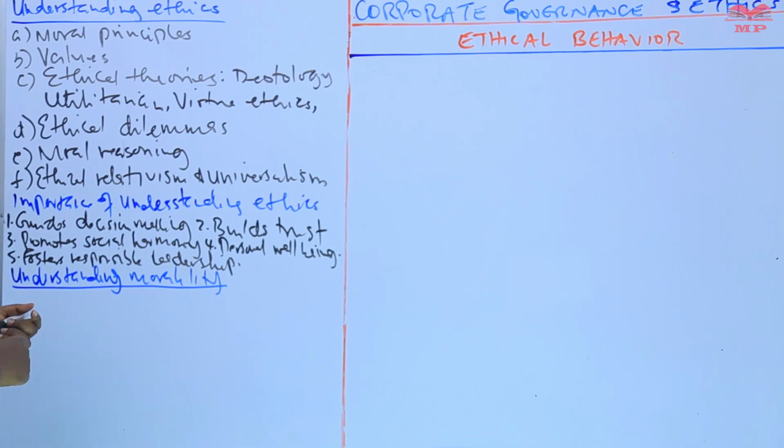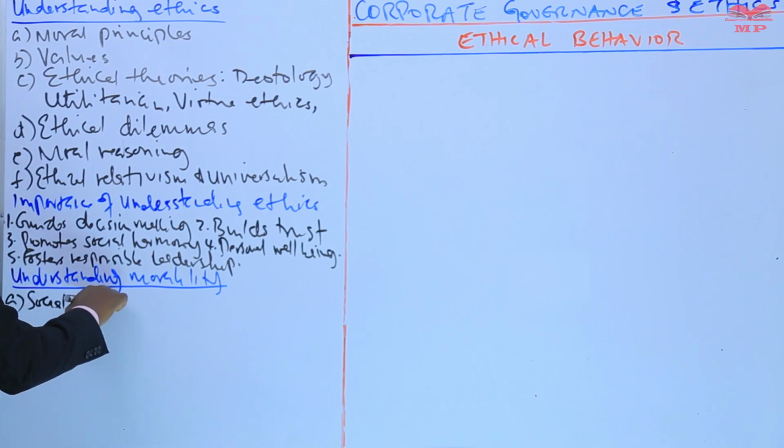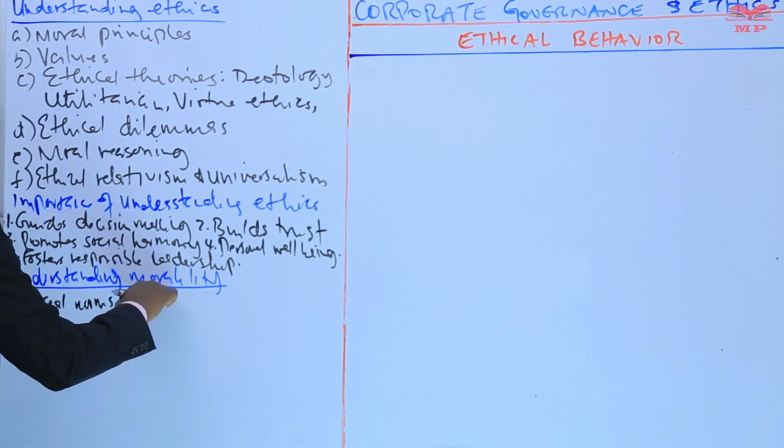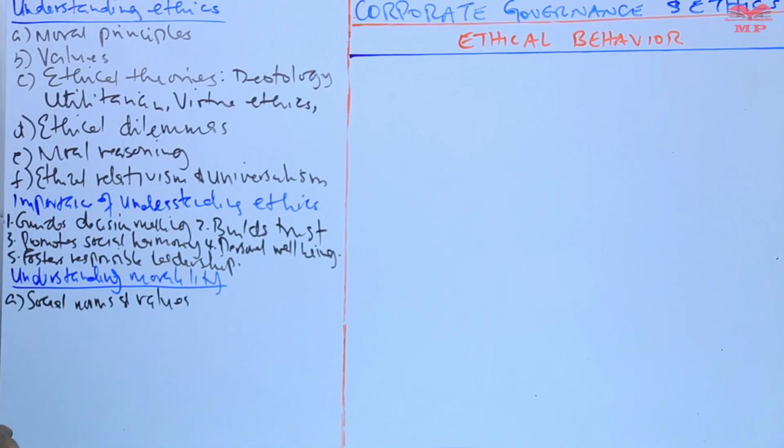And here are the key aspects of understanding morality. Number one is social norms and values.